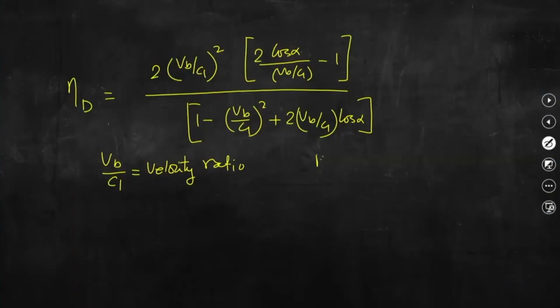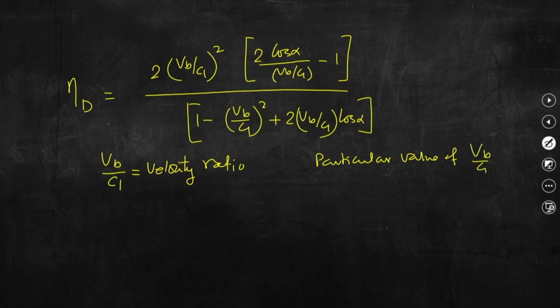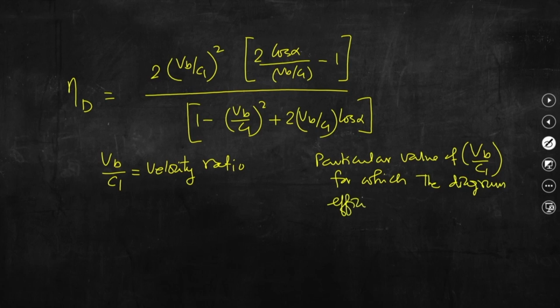So, that means the particular value of Vb by C1 for which the diagram efficiency, or blading efficiency, will be maximum.